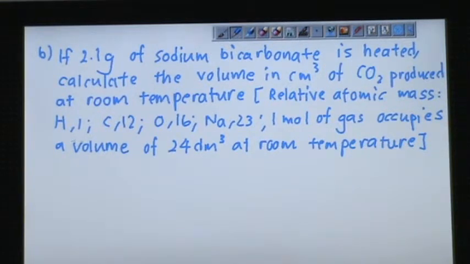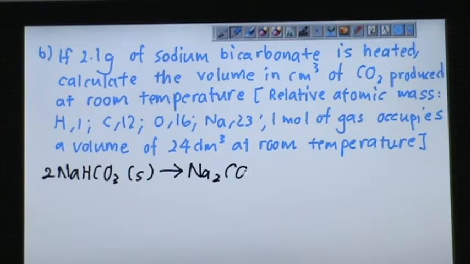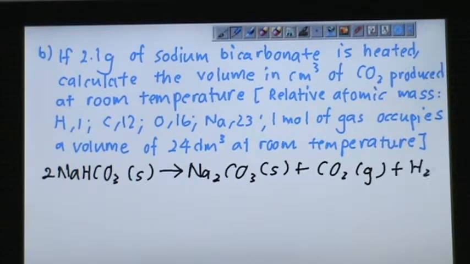So that will be 2NaHCO3, Na2CO3, CO2, H2O.